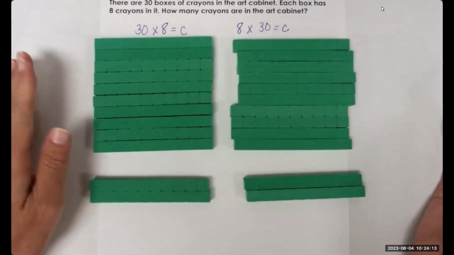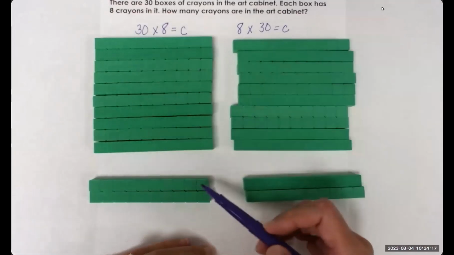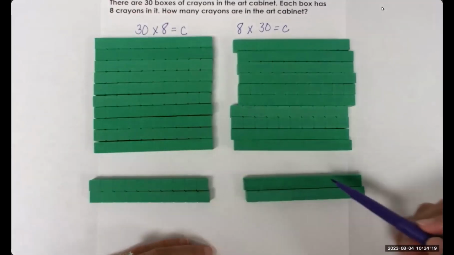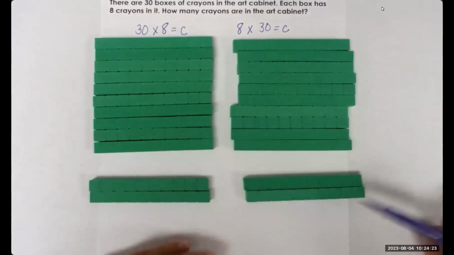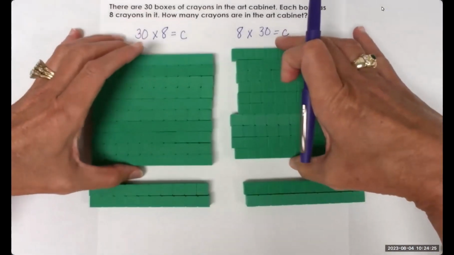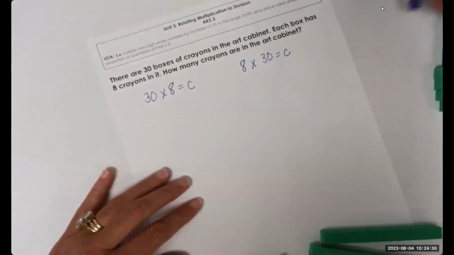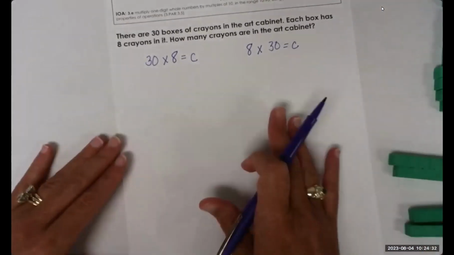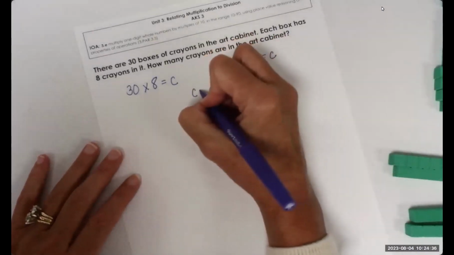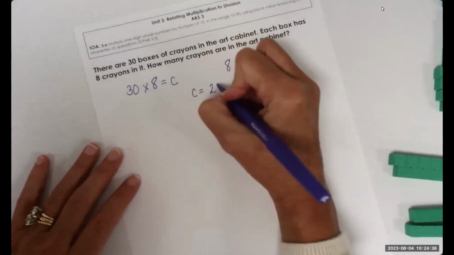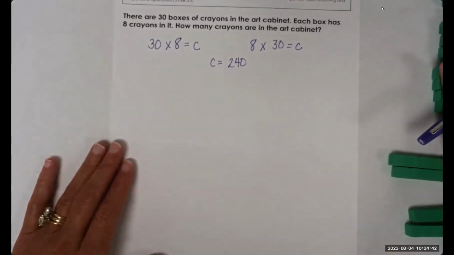So to find the total, I have 100, 200, 210, 220, 230, 240. So what I've figured out through my model is that, and I'm going to slide this out of the way, and I know here that we have learned C, the number of crayons, is 240. Okay, just by using my base 10 blocks.